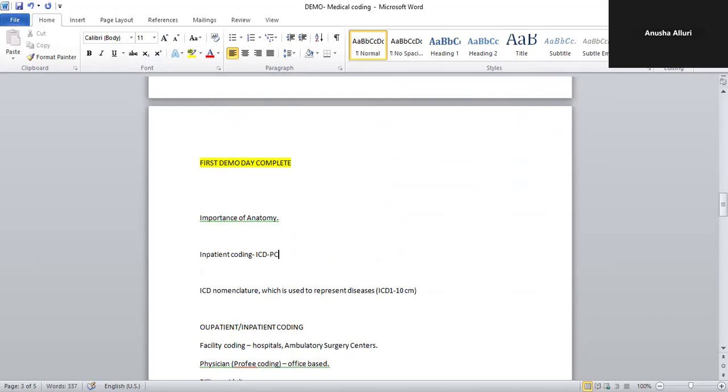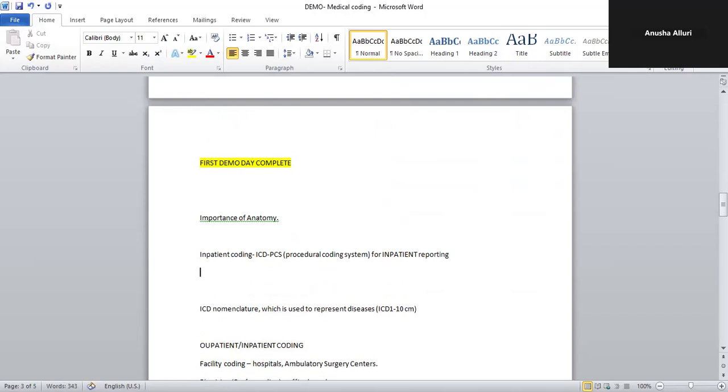What is PCS? Procedural Coding System, the coding system for inpatient reporting. Inpatient reporting is different, outpatient is different. In our case, as surgery coders, we are focusing on outpatient.